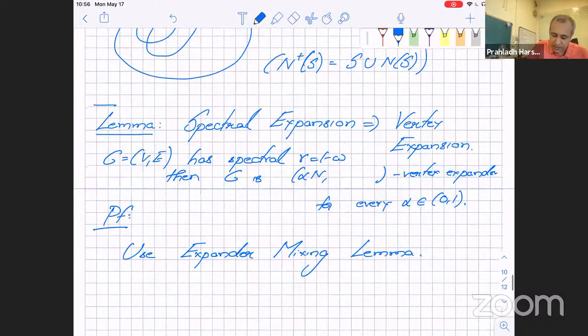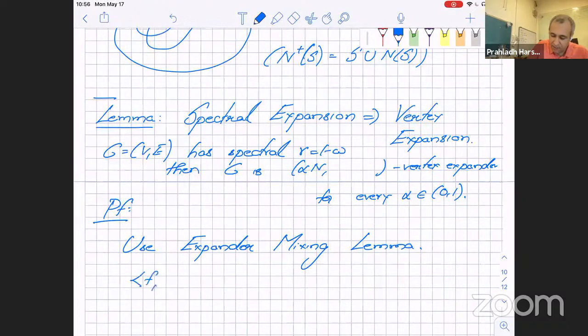So recall the expander mixing lemma stated that the expectation of F times G under phi minus the expectation of F times the expectation of G, let me write this in very succinct form.